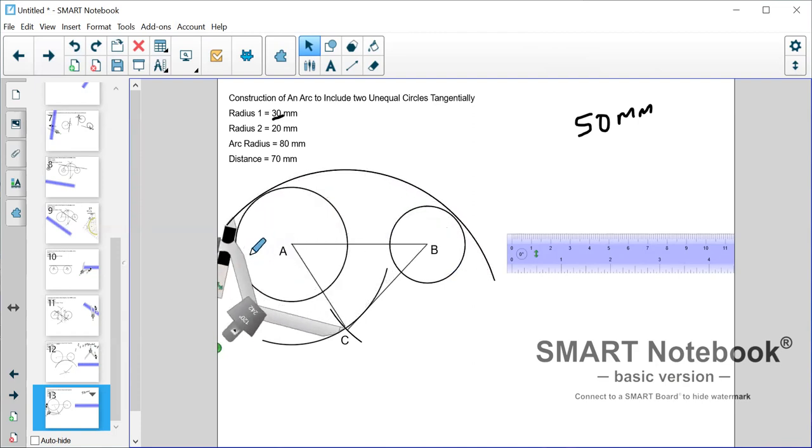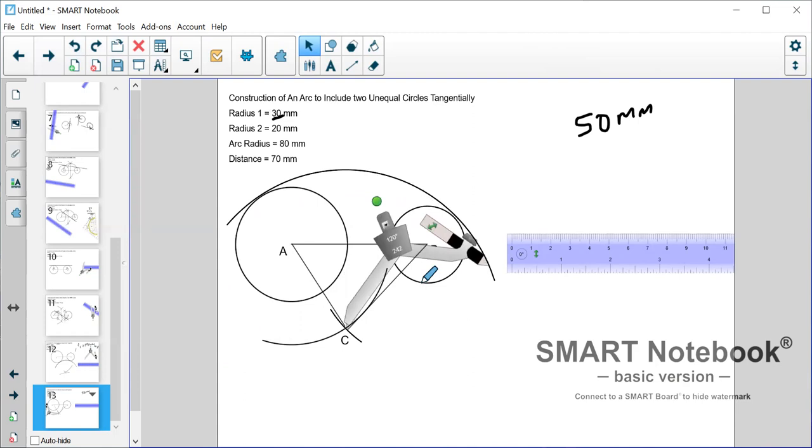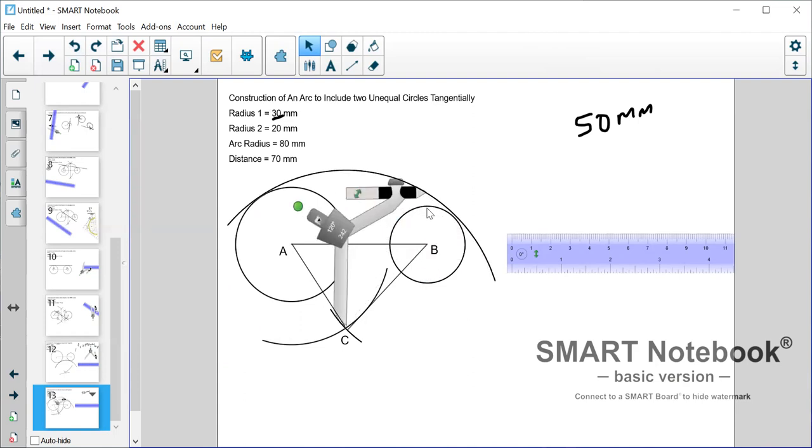This one is a little bit closer, however, one of them would have missed. That's probably because I did not use accurate measurements while constructing this, so you need to ensure that you use accurate measurements. But basically, those are the steps in how you obtain that arc that would include the two unequal circles.